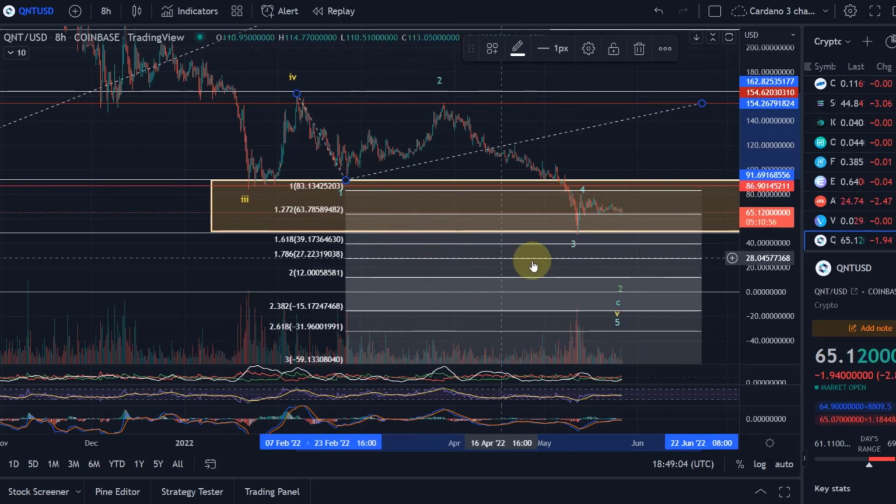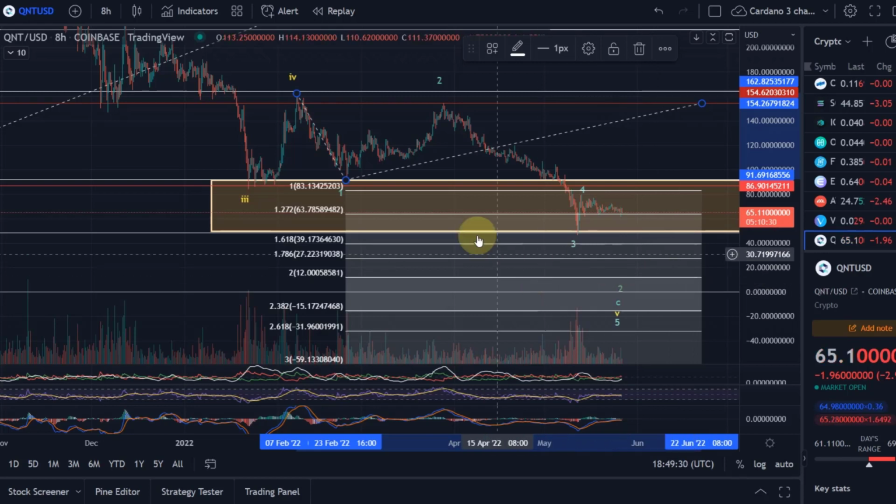What this shows us is that we could go down pretty much to any target from lower than the wave 3 all the way down to 0. That is unfortunately how it is, and there we are at the limits of TA. A very likely level would, for example, be the 200% level, the fib extension at $12 now.